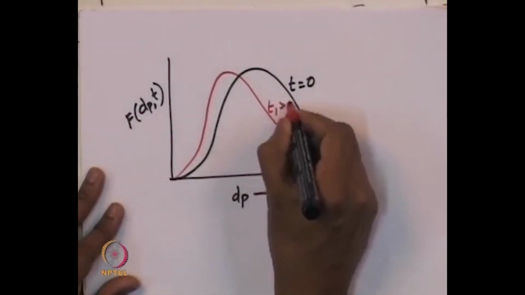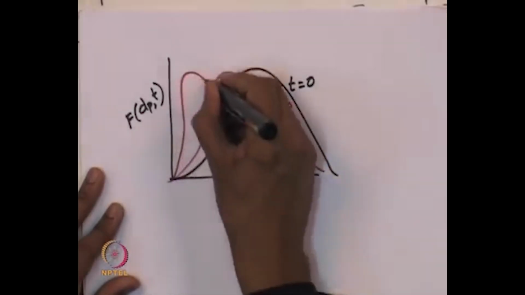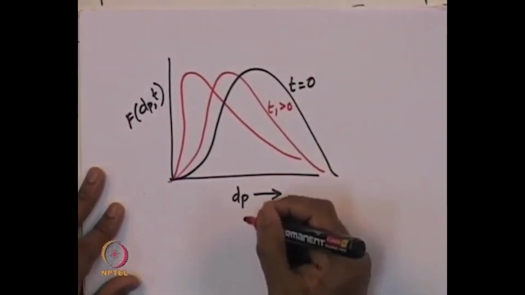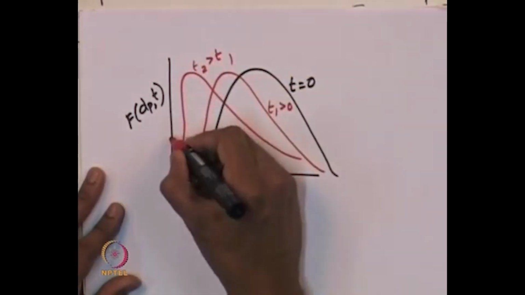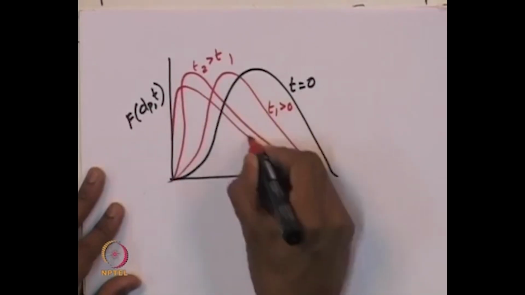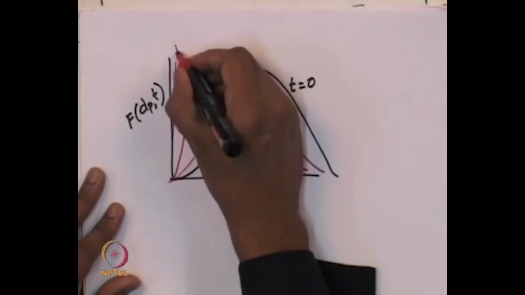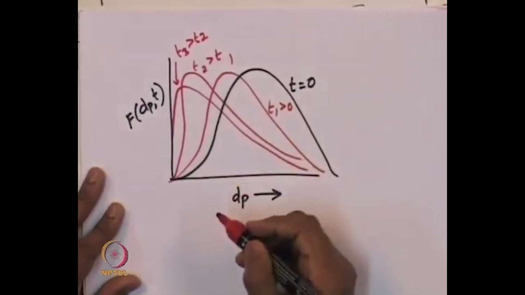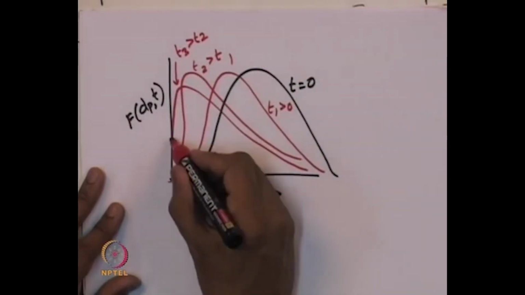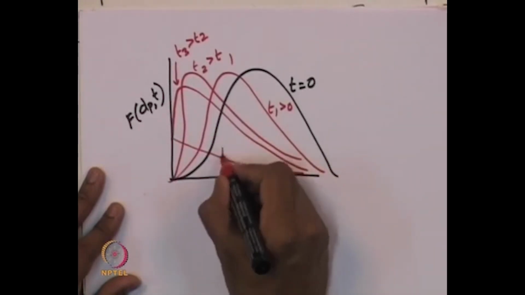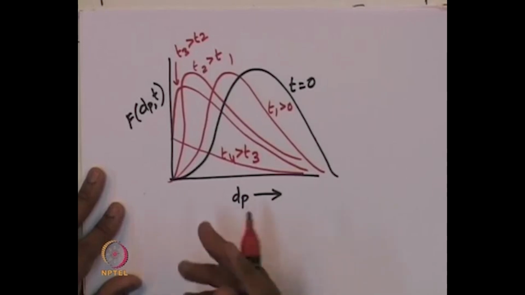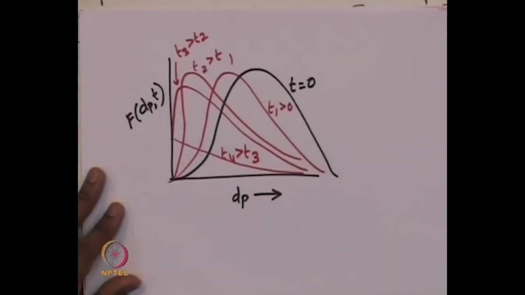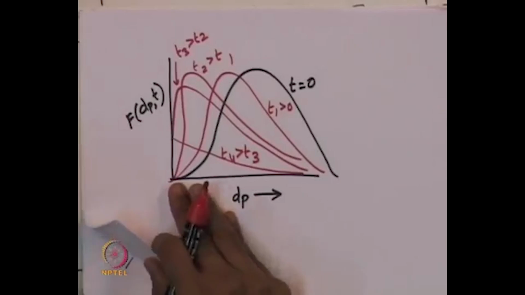This is T1 which is greater than 0, then further dissolution gives T2 greater than T1, then T3 greater than T2, and eventually when the conversion is almost complete, the distribution looks like this, T4 greater than T3. That is the kind of distribution one can obtain as a function of time for polydispersed particles which are undergoing dissolution.